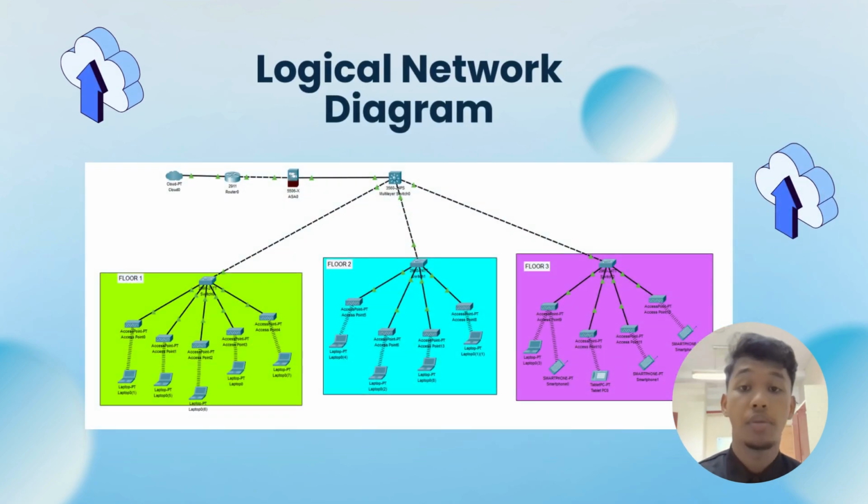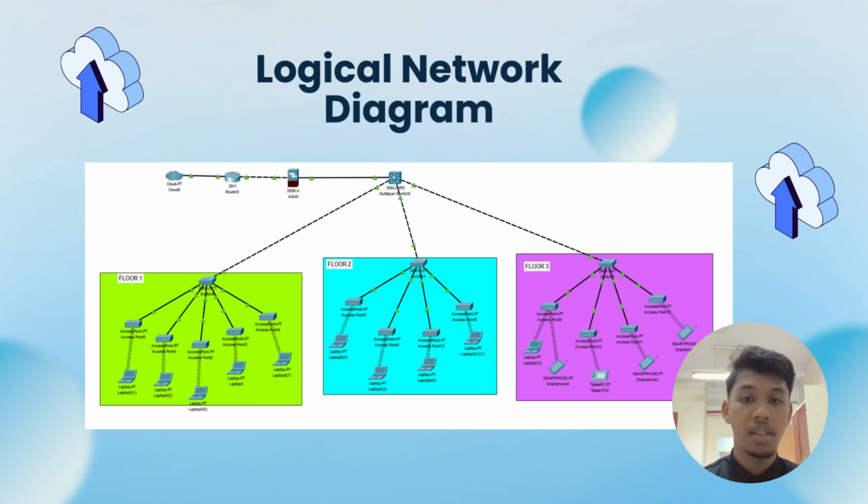Okay, now we're going to talk about the logical network diagram, which represents how our WLAN is structured. Our design includes Cisco AP185 access points, which are dual band, meaning they support both 2.4 gigahertz and 5 gigahertz frequencies. Each AP can handle up to about 25 users.